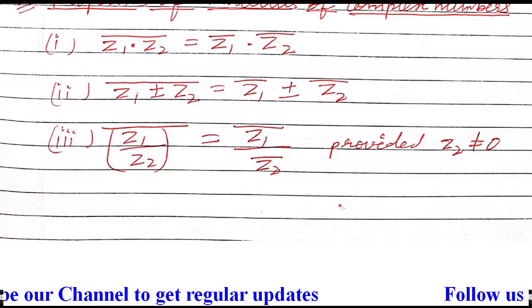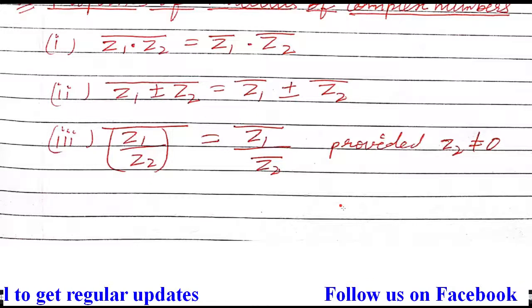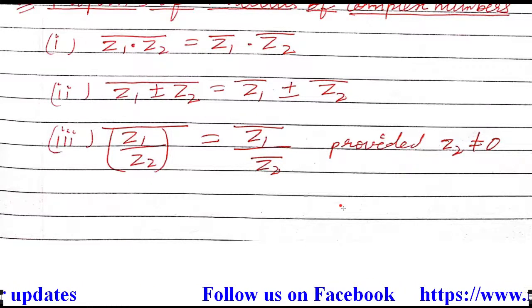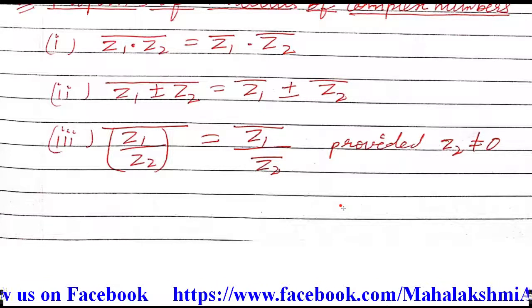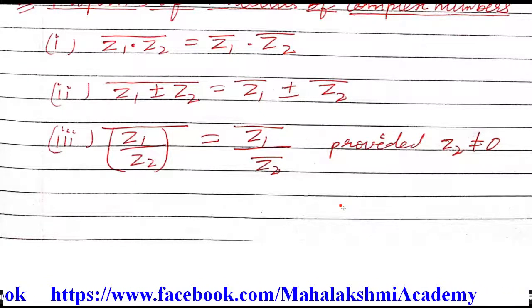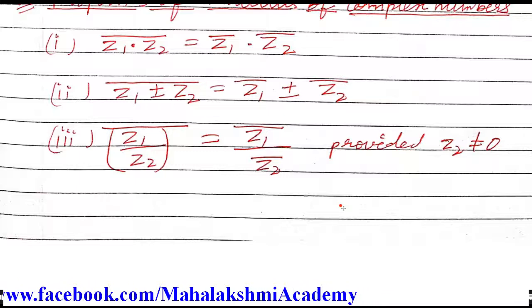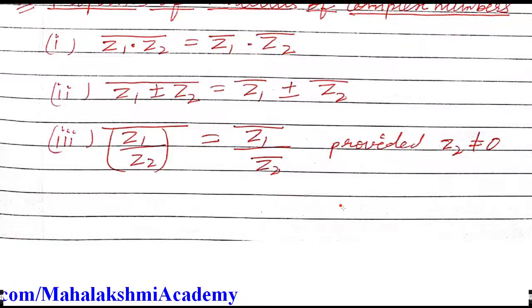I request all of you to learn whatever formulas are needed for exercise 5.1, which I already mentioned and which are available in your NCERT book, so that you can easily understand exercise 5.1.